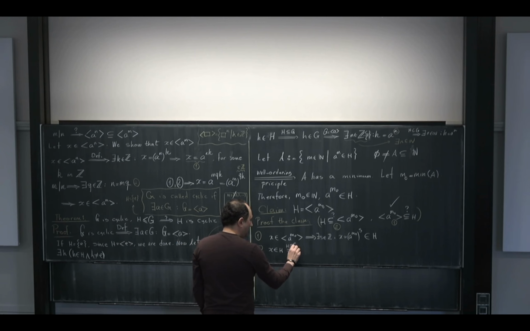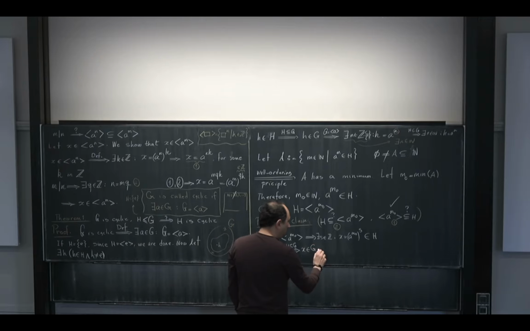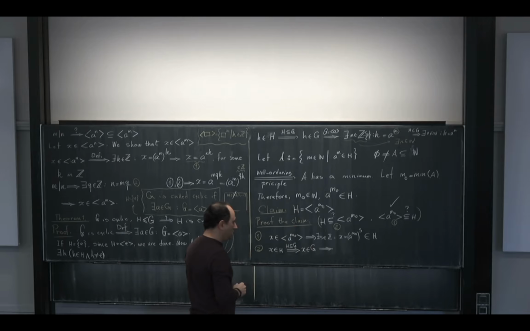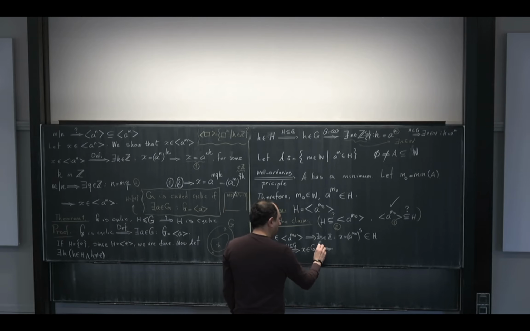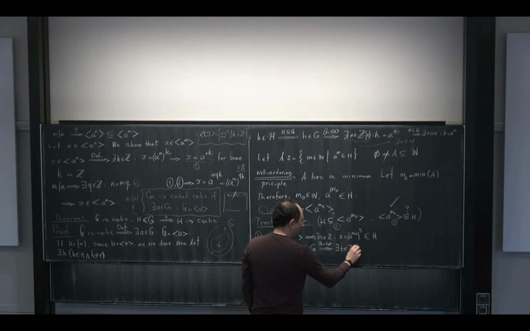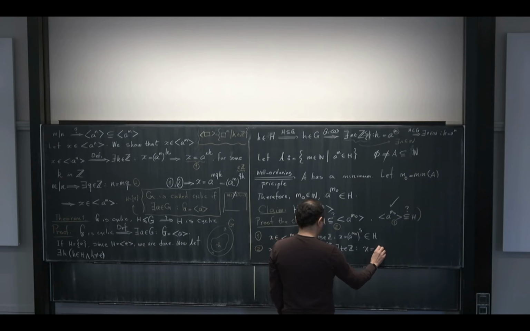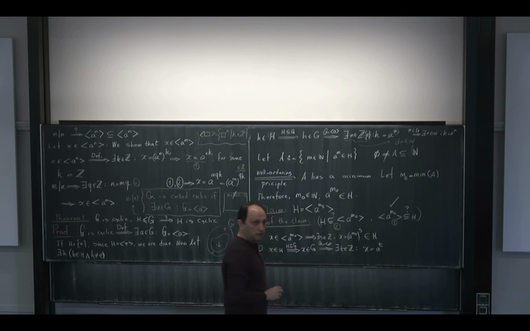H is a subset of G. So x belongs to H, so it means x belongs to G. But G is cyclic. So this means that there exists a t in Z such that x is equal to a to the power t. Do you agree?